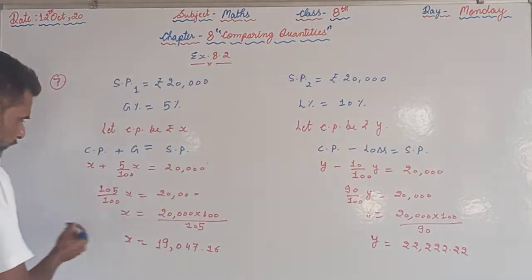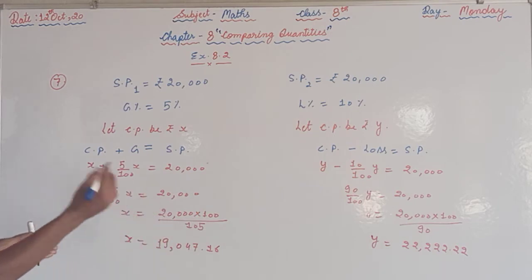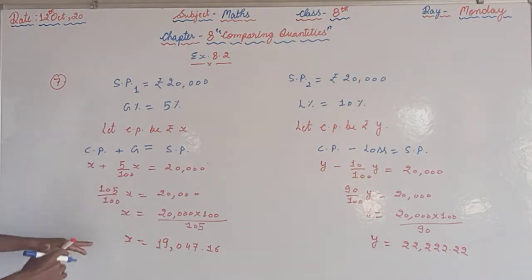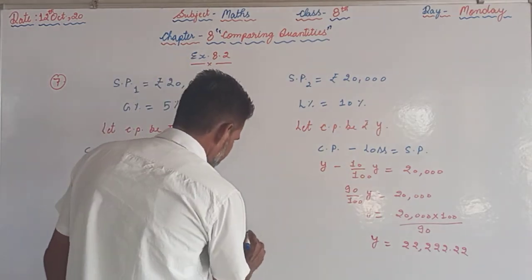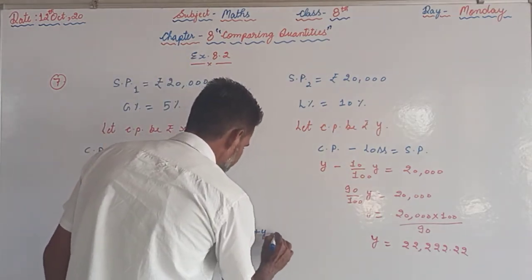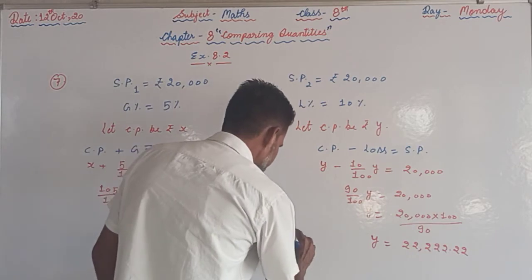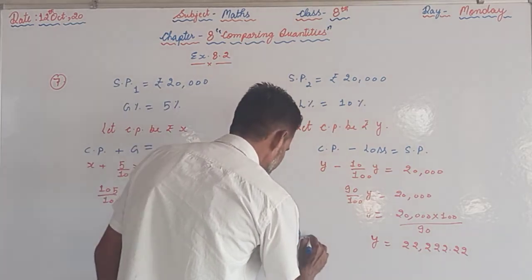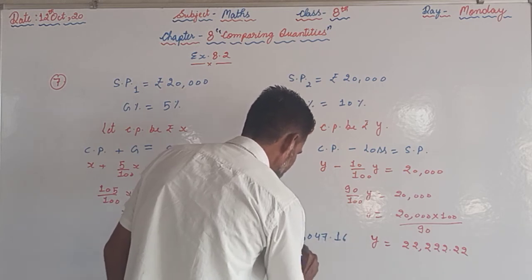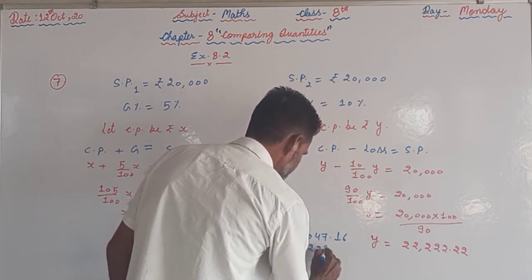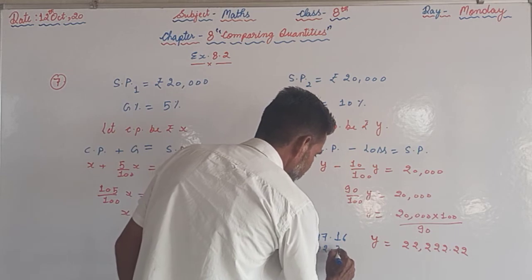So this is the CP of the buffaloes. So the total CP, X plus Y, is 19,047 rupees 16 paise and 22,222 rupees and 22 paise.